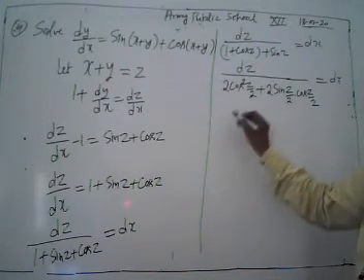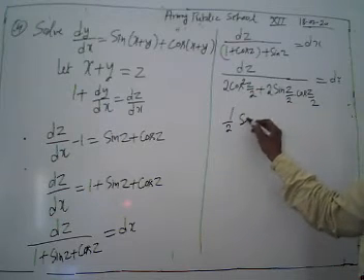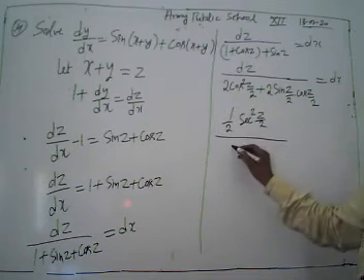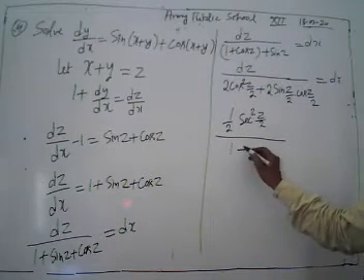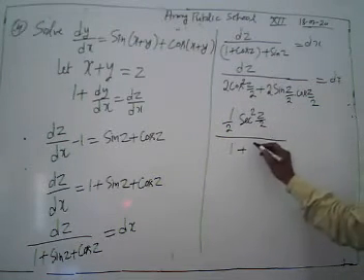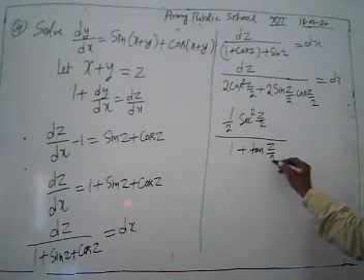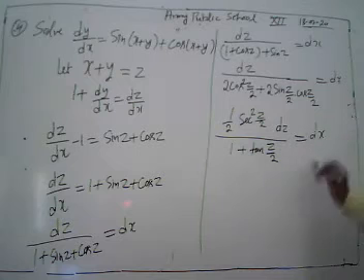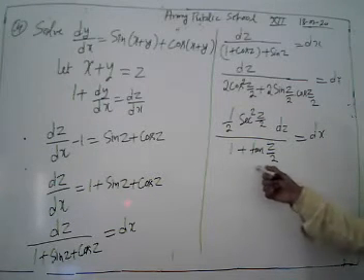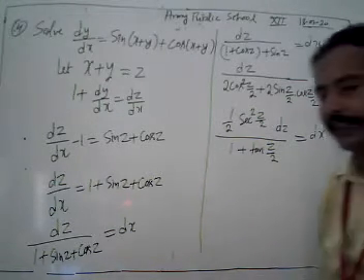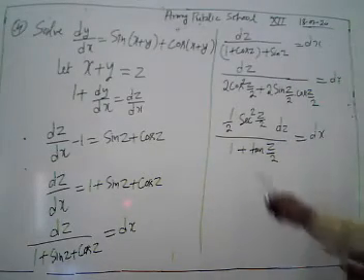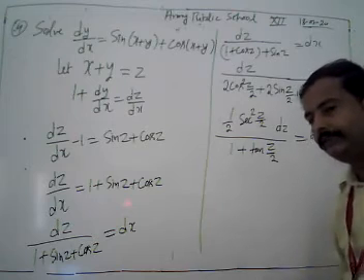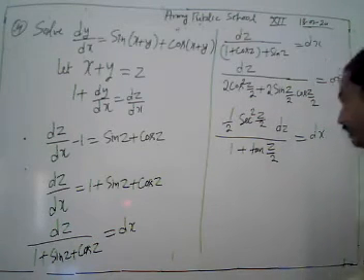In the numerator we have 1 by 2 sec square z by 2, and in the denominator we get 1 plus tan z by 2, and dz is equal to dx. Now when we take 1 plus tan z by 2 as t, we get 1 by 2 sec square z by 2 dz equal to dt. Now we are able to integrate it easily.